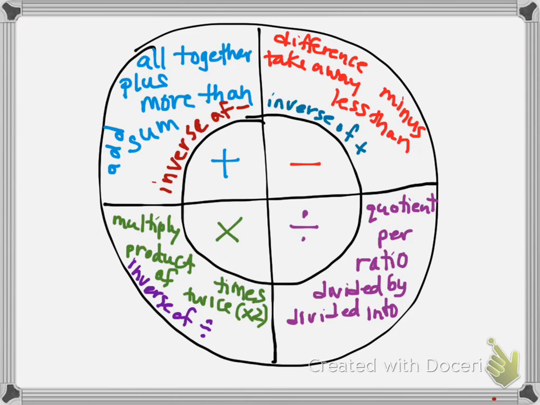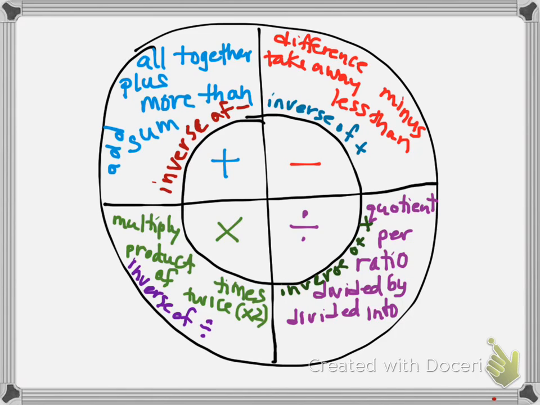And division is the inverse of multiplication. So when we want to undo something that has division, we're going to do it with multiplication. Okay?